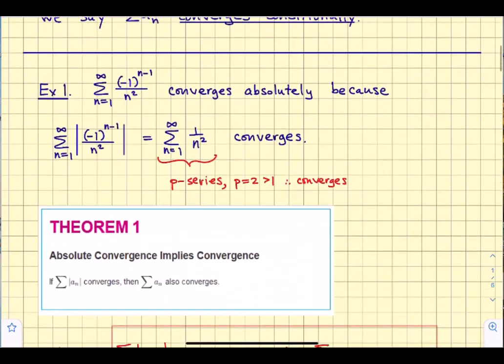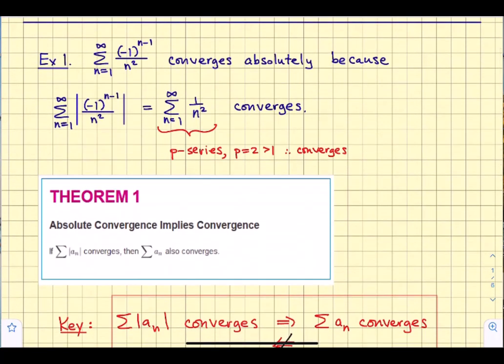Let's look at an example. Suppose we have the sum from n equals 1 to infinity of minus 1 to the n minus 1 over n squared, and we want to show that this converges absolutely. If we acted like we didn't know this and just wanted to check whether this converges absolutely, we would take the sum of the absolute value of the a sub n's.